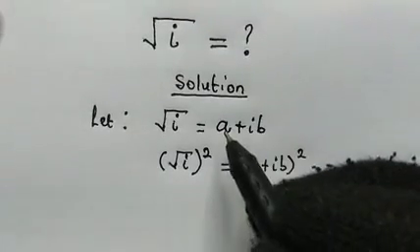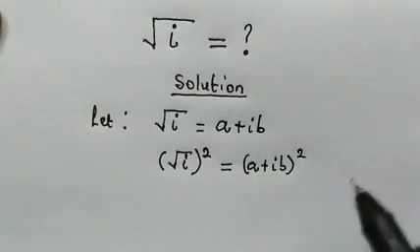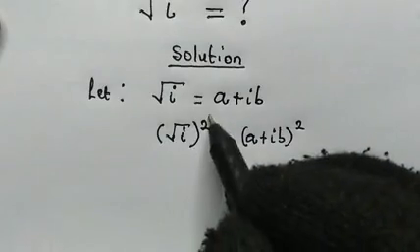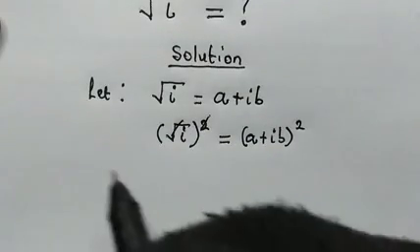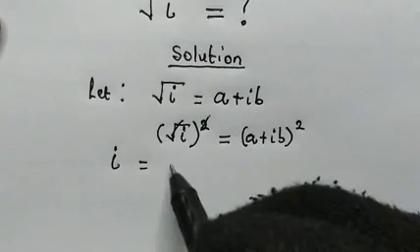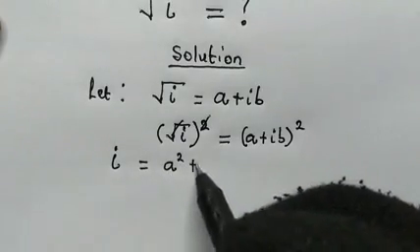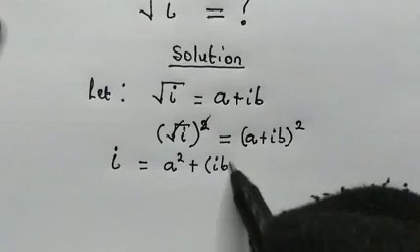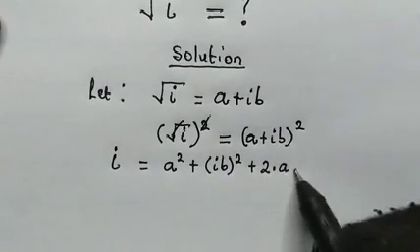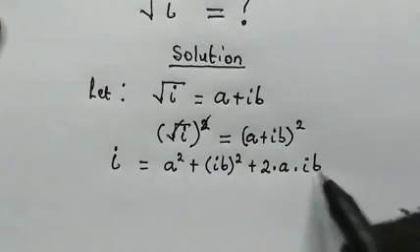We know that a here is the real part and b here is the imaginary part. So now expanding this square, we cancel the square root. So we have iota is equal to a squared plus ib squared plus 2 times a times ib.